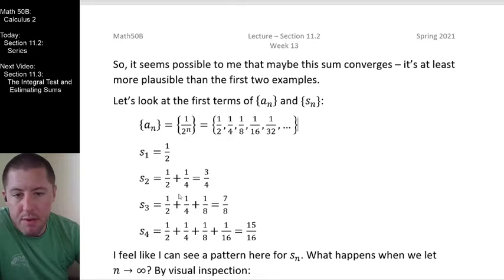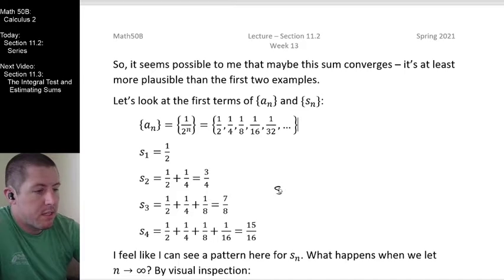Then if I take my 3/4 and add 1/8, that's like 6/8 plus 1/8 gives me 7/8. Now I know the first three terms sum to 7/8, plus 1/16. Well, that's like 14/16 plus 1/16 is 15/16. So it seems to me like I might want to say something like s sub n equals 1/2, 3/4, 7/8, 15/16.